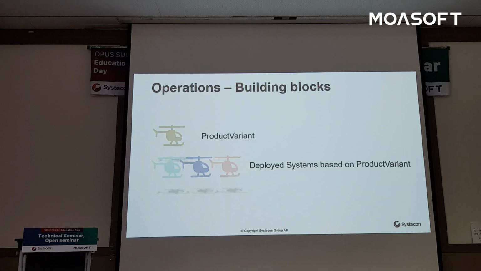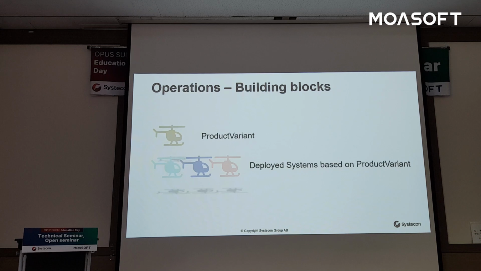So the systems are like the items, the hardware, where the breakdown elements are used for principal description of the product breakdown. A product variant is more of a theoretical description of the product that we are looking at, but we use the concept of a system when we talk about the thing that is out flying or driving or sailing. That's the system.